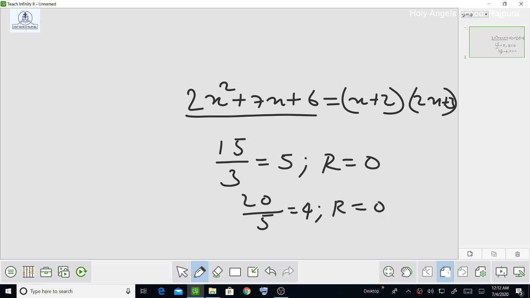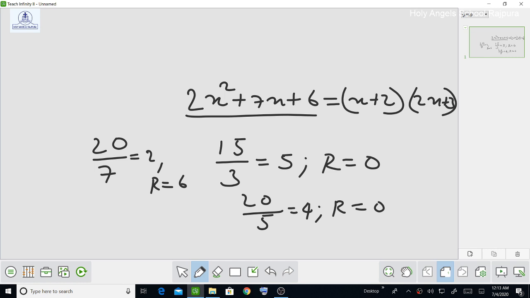Whereas if you divide 20 by 7, the quotient you get is 2, and there is a remainder also. 7 twos are 14, remainder is 6. So in this case we are getting 6 as a remainder.